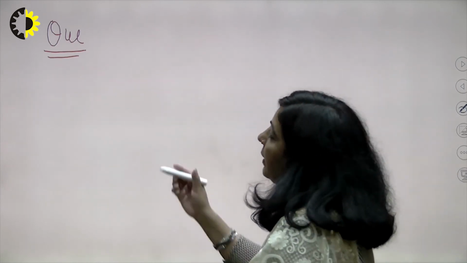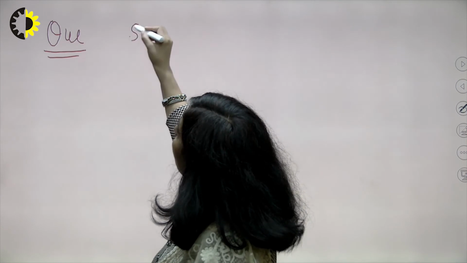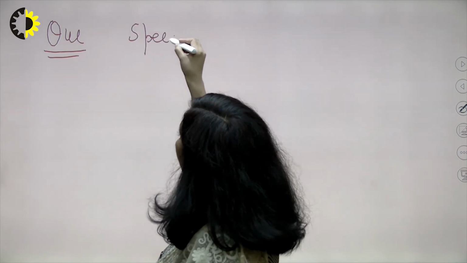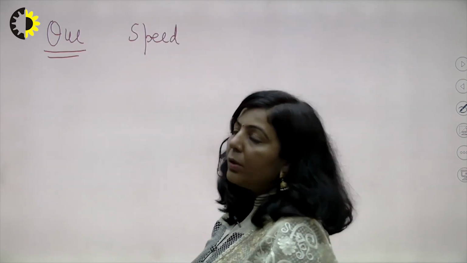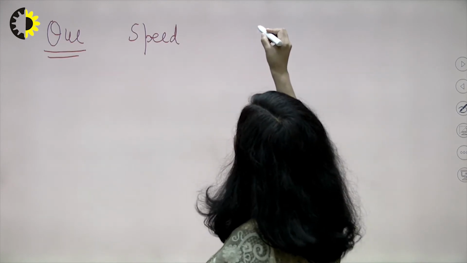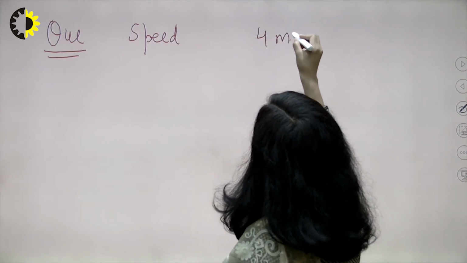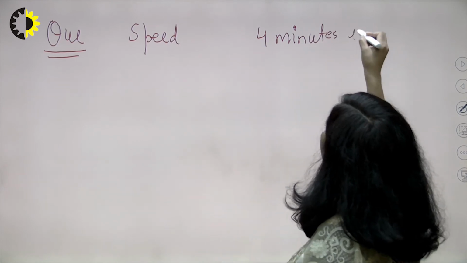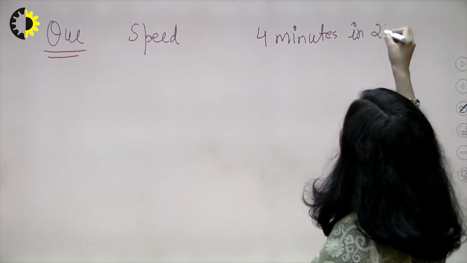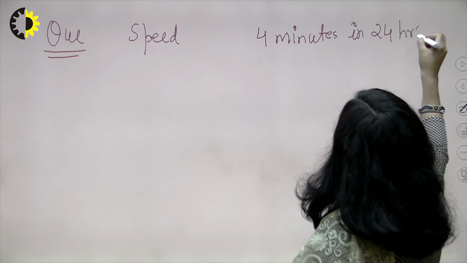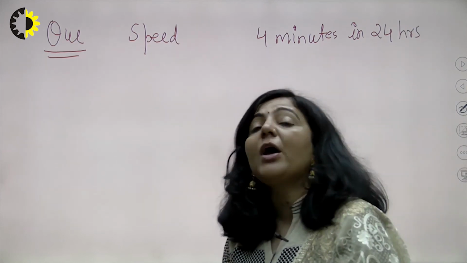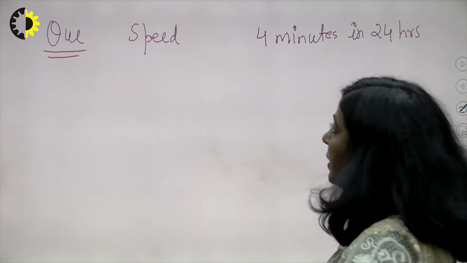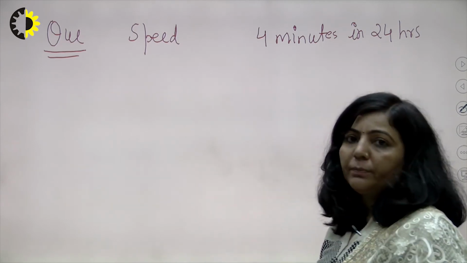What I am saying is, you have a clock and that clock keeps correct time. You have to find the speed with which that clock should move so that it may appear to lose 4 minutes in 24 hours. You know that whenever an object is traveling with a relativistic speed, time is also affected by motion.